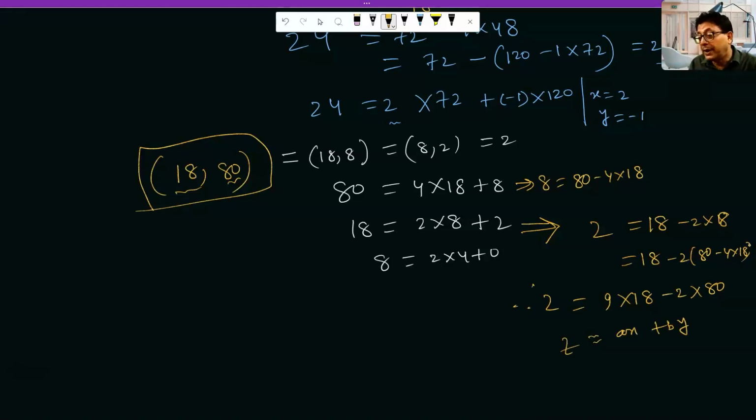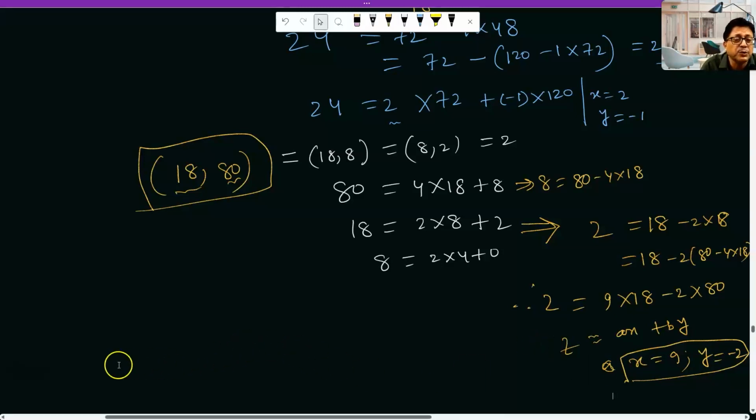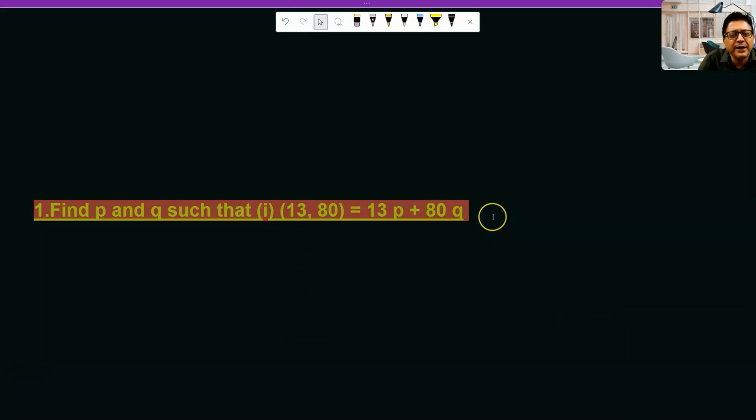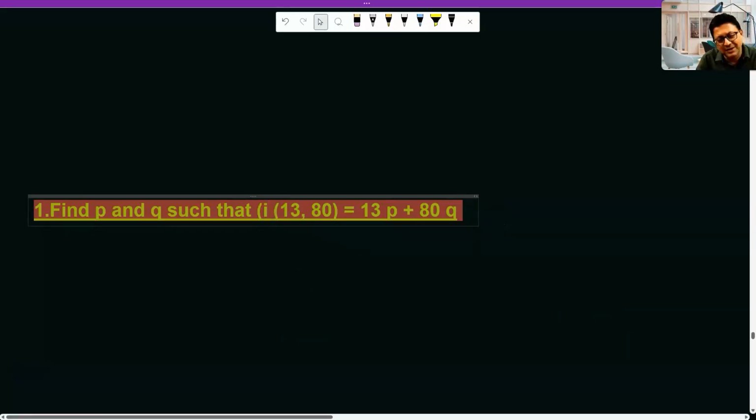A, B are given numbers 18 and 80. So what is x over there? X is 9 and y is minus 2. Clear? Hope all of you have understood how to express the GCD between two numbers as the linear combination of two given numbers. Okay?